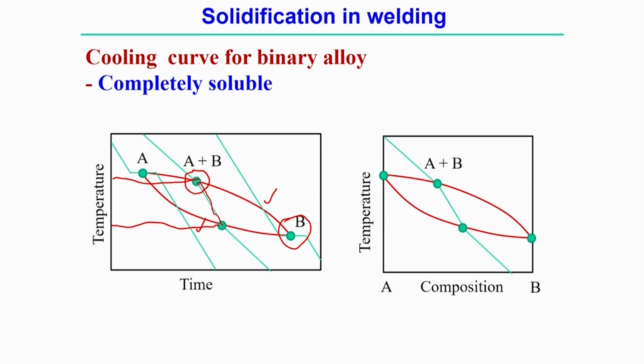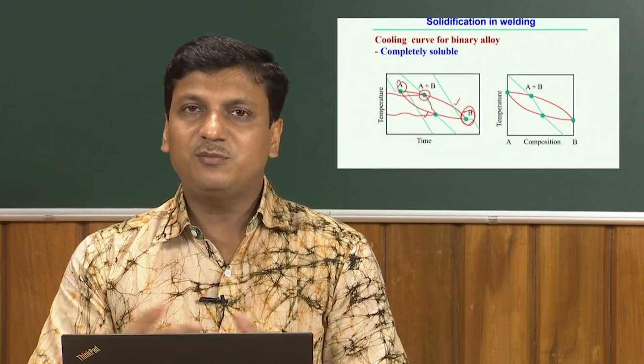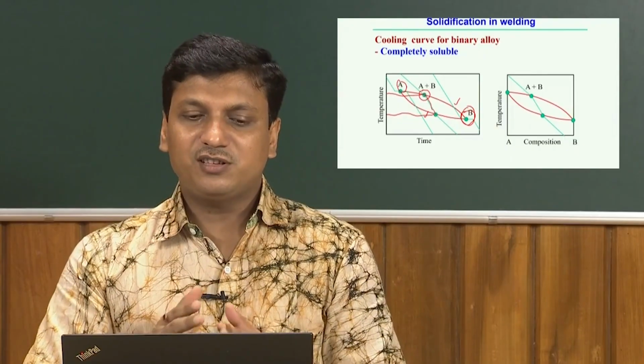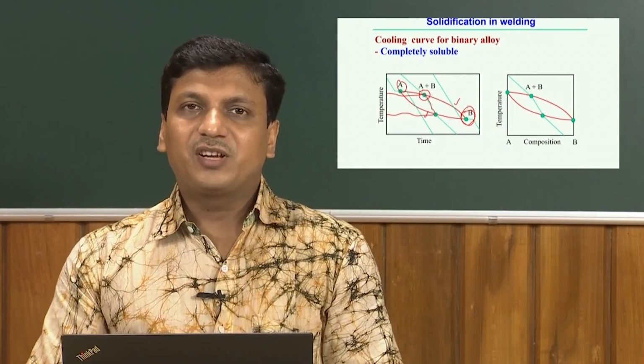So, a binary alloy system consists of components A and B, and in that way we can represent different cooling curves if there is a change of composition. Here is pure 100% A composition, and here at this point 100% B. Both cases we can consider as pure metal, but in between there is a certain percentage of A and a certain percentage of B, which constitute some alloy system, and that alloy system changes phase from liquid to solid over a range of temperature.